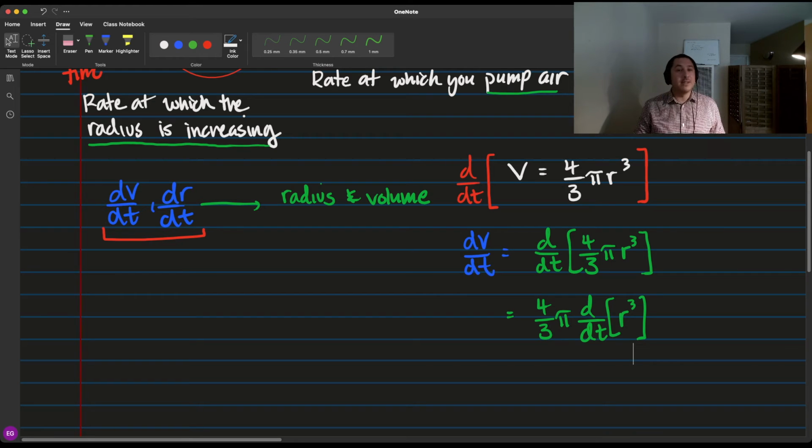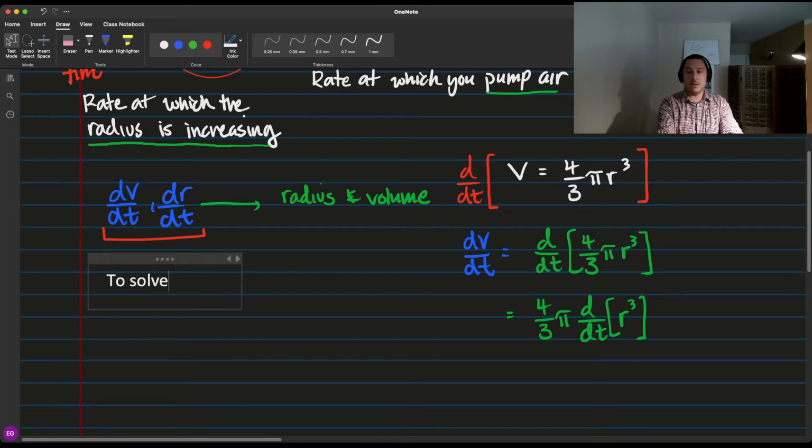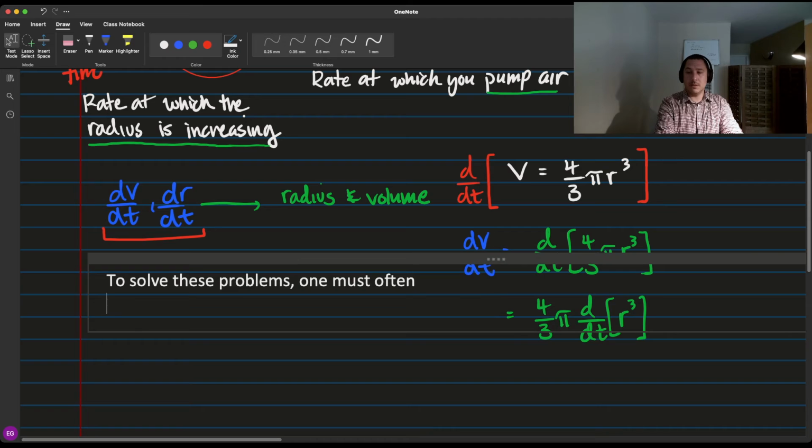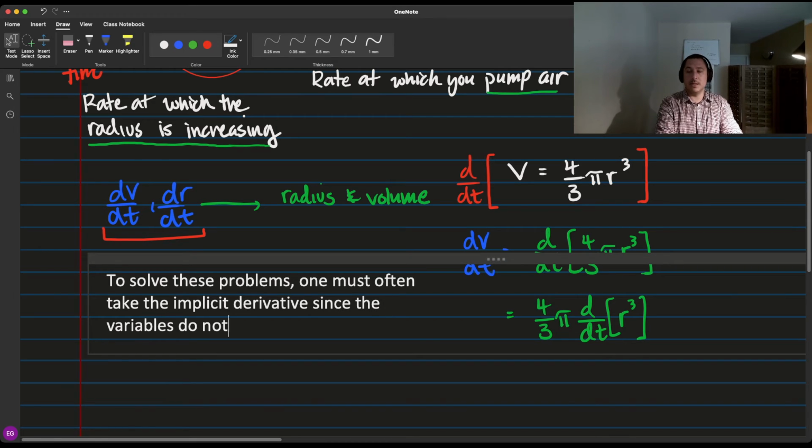And what you can use now is implicit differentiation, because you're taking the derivative with respect to t of r. The variables don't match. So what I want to point out here is that to solve these problems, one must often take the implicit derivative, since the variables do not align. What do I mean by they don't align?